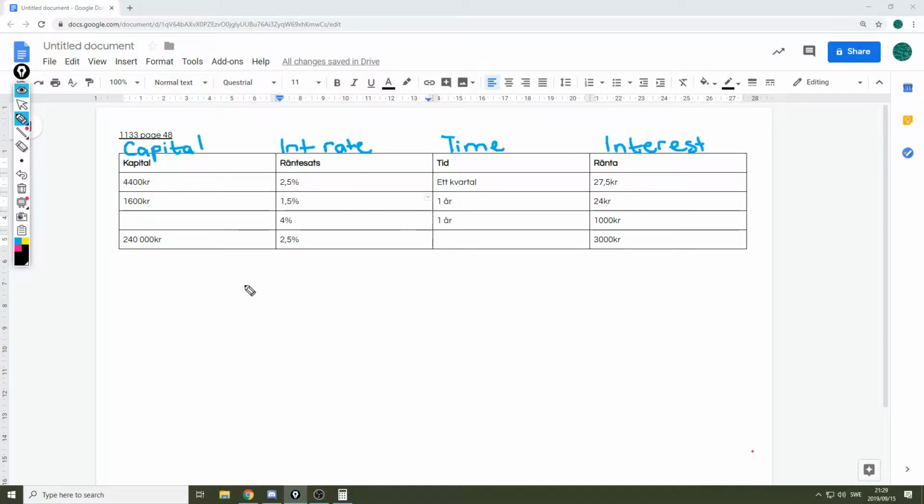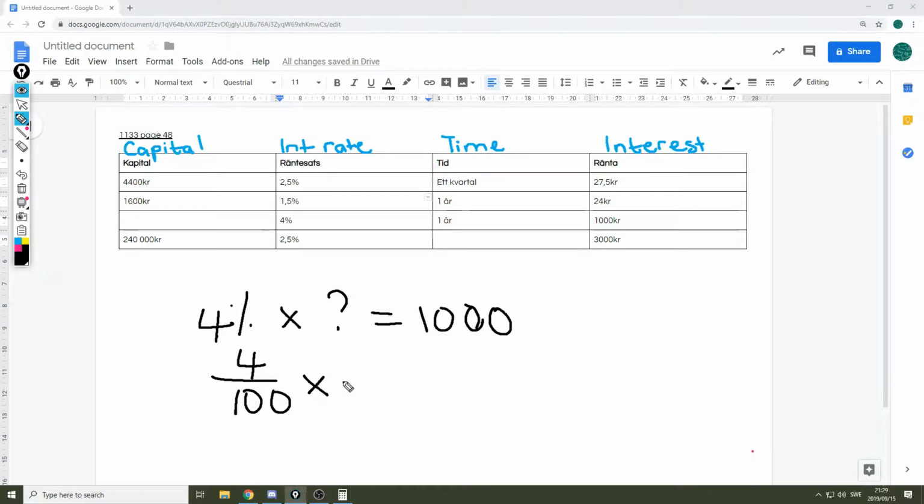Okay, next one that we have is 4% of something is going to give me my interest of 1,000. Okay, this looks a little bit familiar. So 4%, 4 over 100 of something will give me 1,000. We just went through this in 1.5.